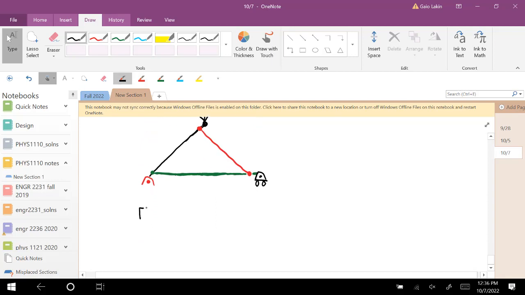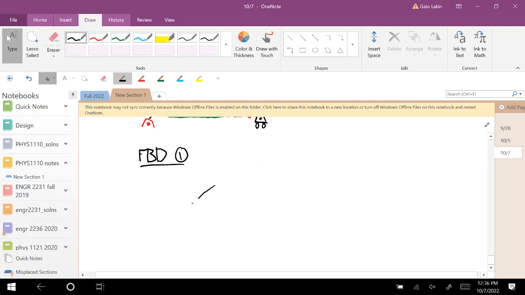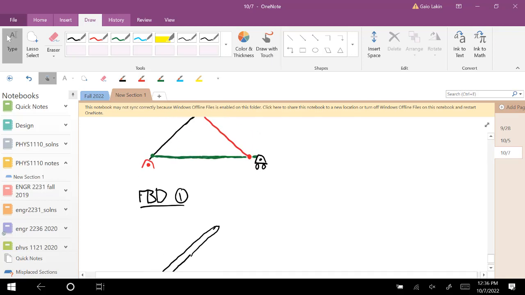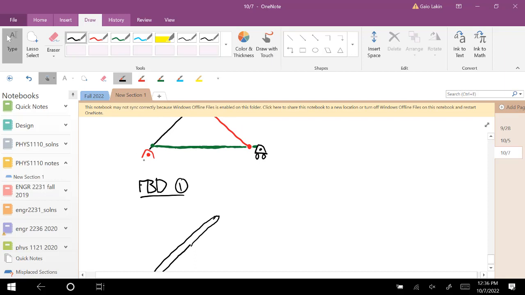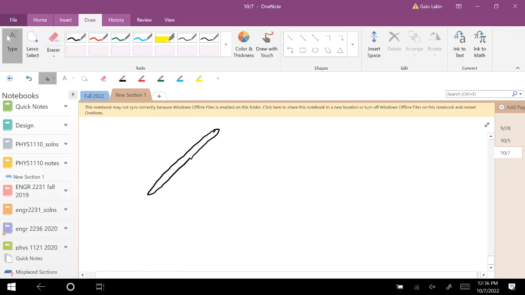Okay, so now I'm just going to go through the members one by one. Free body diagram of member 1. So what's acting on it? It's connected to a pin joint with the ground. So there's a force here that I'll call RA.